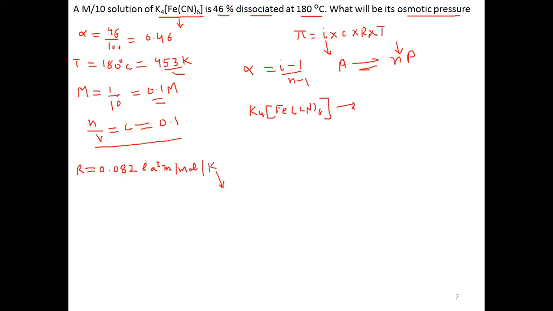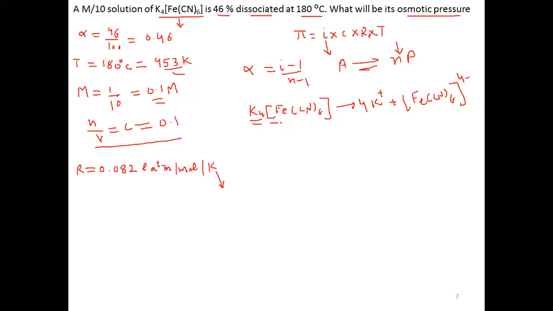It dissociates to 4 potassium ions, 4K positive, plus [Fe(CN)6] with 4 negative. This is how it ionizes.